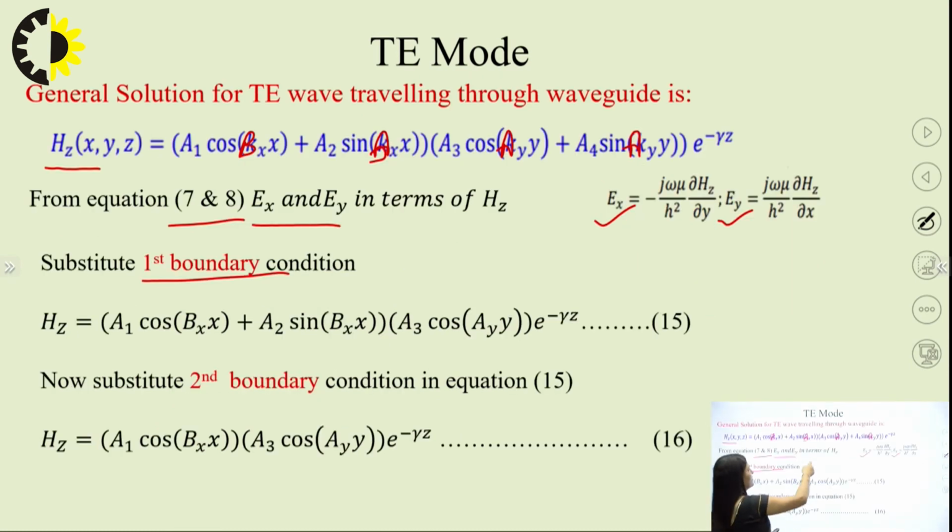Y equal to 0 means cos 0 is 1, sin 0 will be 0. So this is the solution of this equation after applying the first boundary condition. Now I will substitute the second boundary in this equation and the equation will reduce to A1 cos kx x plus A3 cos ky y e^(−γz).